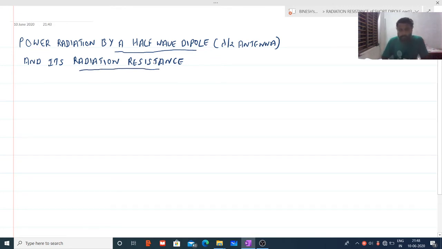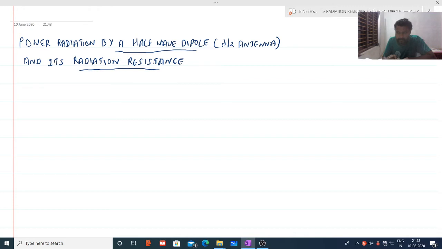So the total power radiated by a lambda by 2 dipole antenna, and hence its radiation resistance, can be found in a similar manner to how we calculated the radiation resistance for a small current element, that is, by utilizing the Poynting vector method and by considering the elemental area of the spherical shell, where the complete spherical surface is considered.